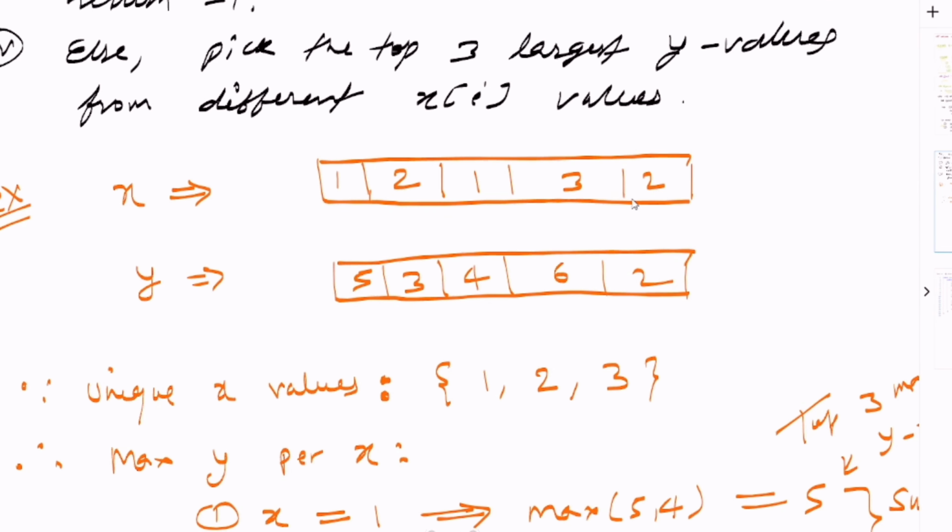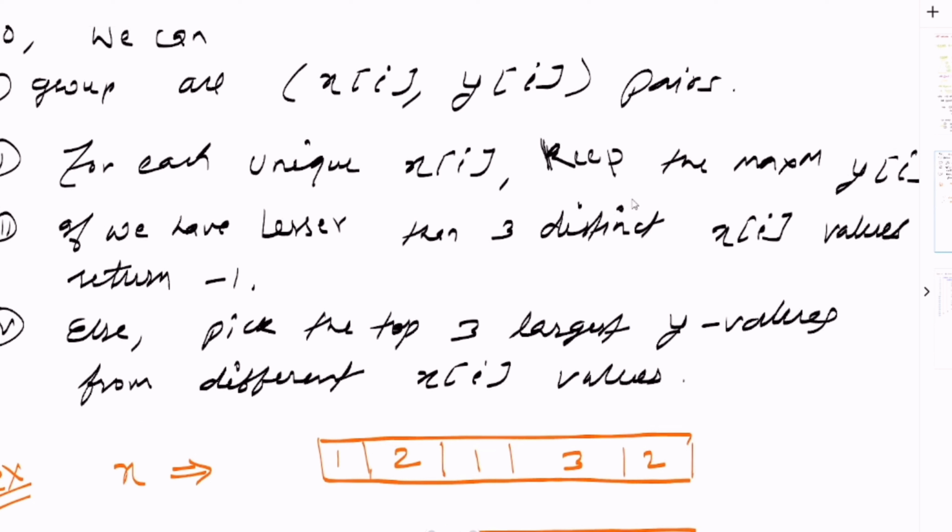Now just think about what we need to do. We can group the pairs of x at i and y at i, using both arrays. For each unique x, we keep the maximum y element.